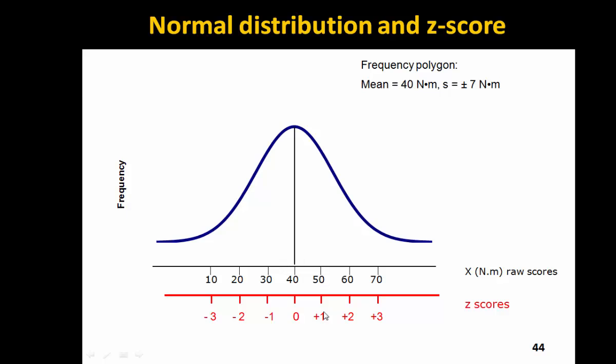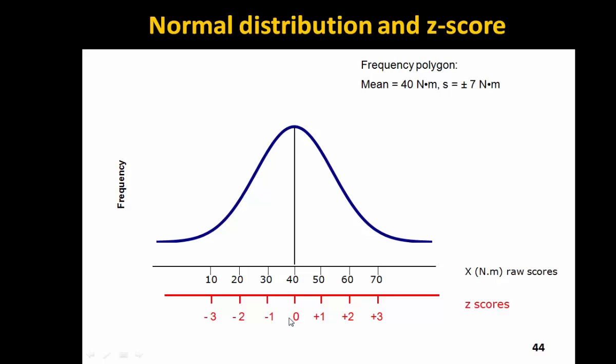The second x-axis is the same data expressed in z-score or standard deviation units. An average of 40 in raw units will equal a z-score of 0.